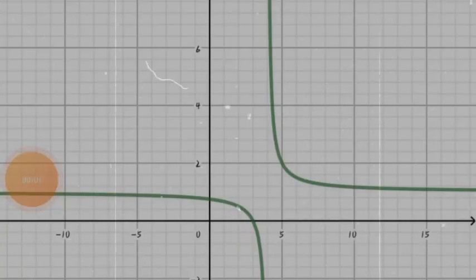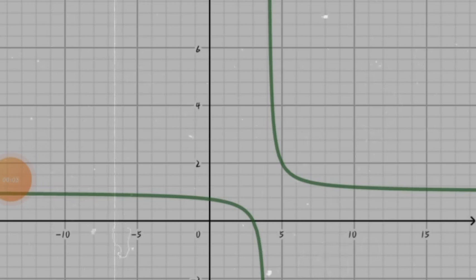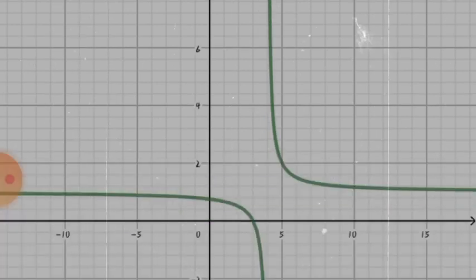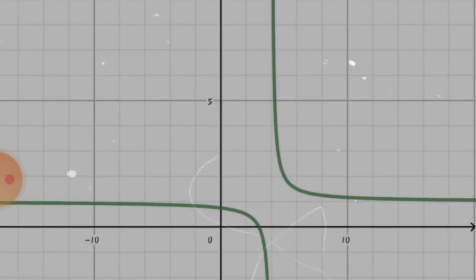Now we know how to find the values of domain. How about the values of our range? Here is the graph for our rational function (x minus 3) all over (x minus 4). As you can see, our graph is asymptotic.